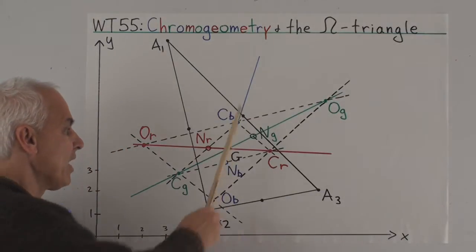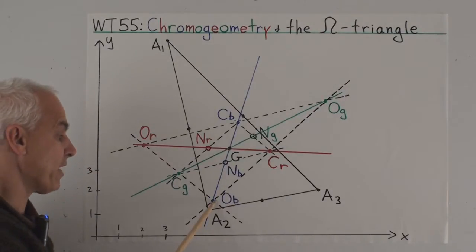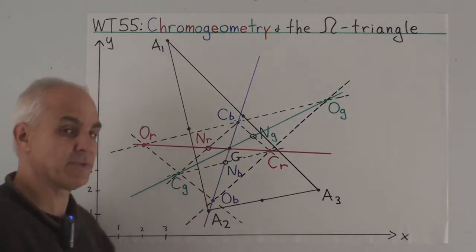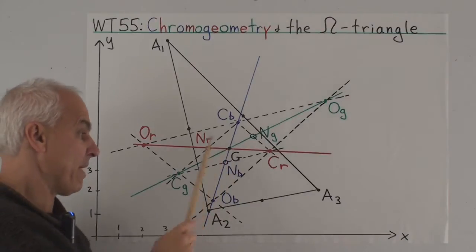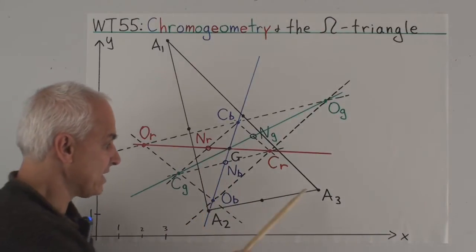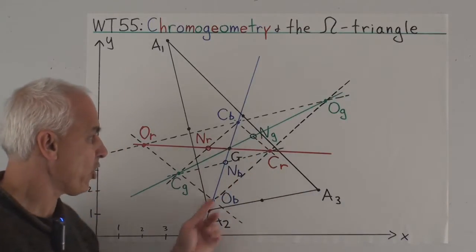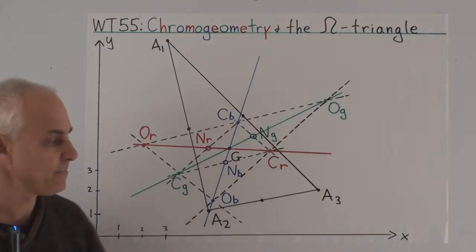Now, the three Euler lines, the blue, the red, and green, are defined by passing through the corresponding orthocenter and the circumcenter. And they turn out all to pass through the centroid as well. So the orthocenter, I remind you, is the intersection of the altitudes of the triangle, the lines which are perpendicular to the opposite sides.